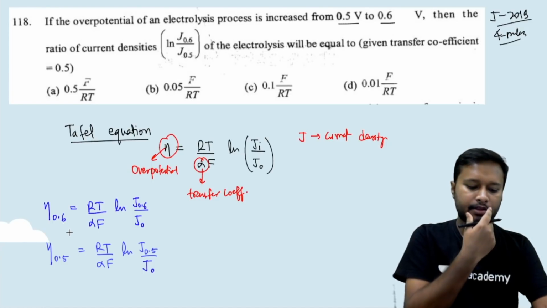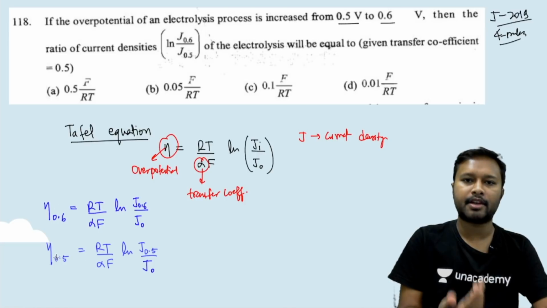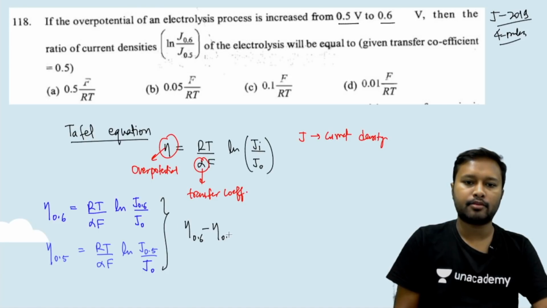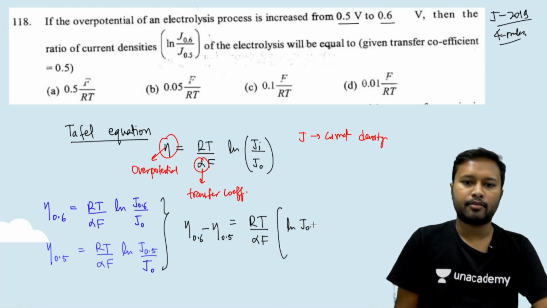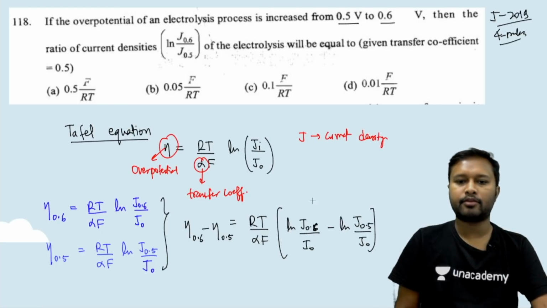What you have to do is subtract both these equations. If you subtract them, you get eta 0.6 minus eta 0.5 equal to, since RT upon alpha F is constant, that constant times, in the bracket, ln J 0.6 upon J naught minus ln J 0.5 upon J naught, because you are putting 0.6 first. Now you have to solve this bracket.